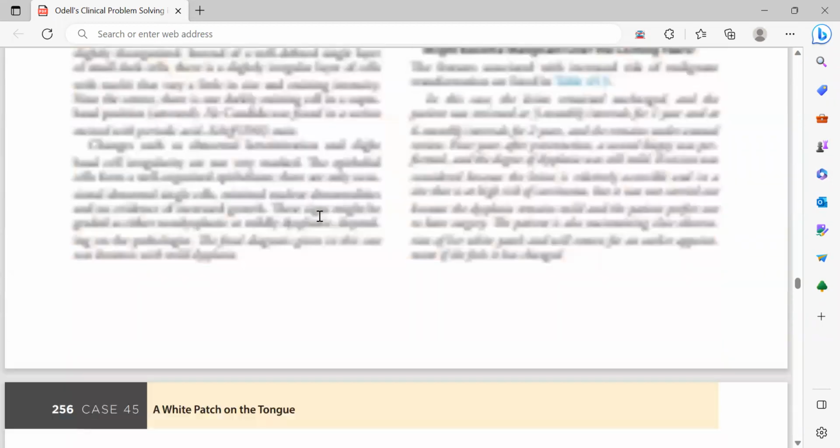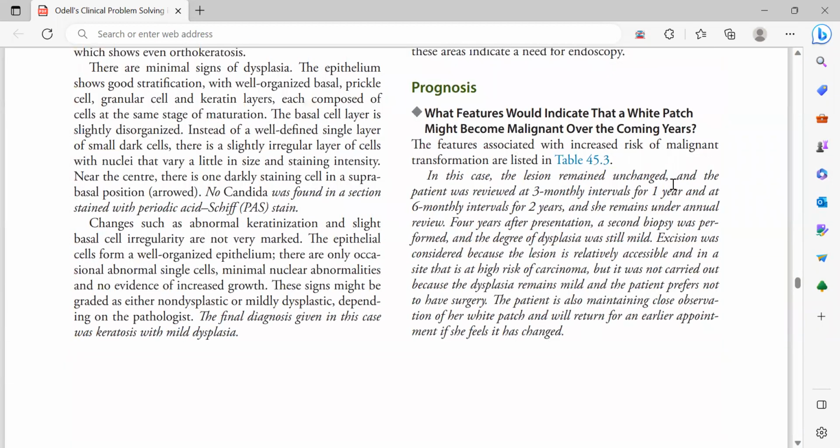Okay, in this case the lesion remained unchanged and the patient was reviewed at 3 monthly intervals for 1 year and 6 monthly intervals for 2 years, and she remains under annual review. 4 years after presentation, a second biopsy was done and the degree of dysplasia was still mild.